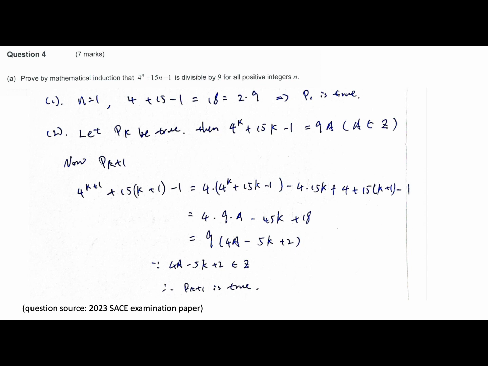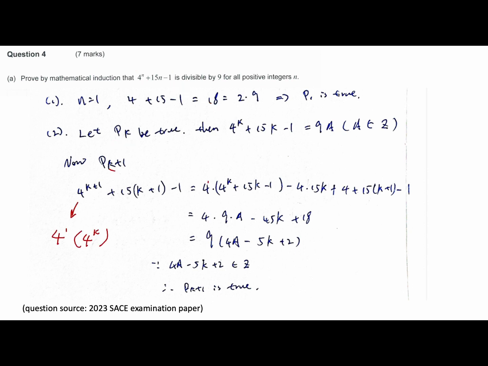Then we make our assumption that Pk is true, which means when n is k, this expression is divisible by 9. Divisible by 9 means it can be factorized into 9 times an integer, and this integer is i. Now let's look at P(k+1).